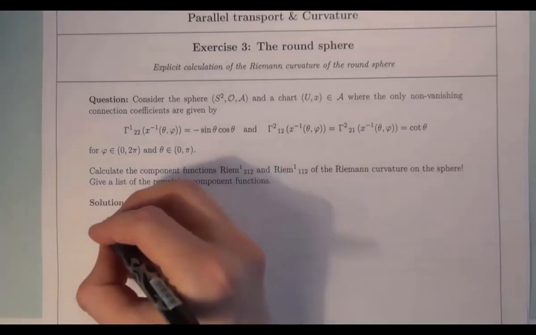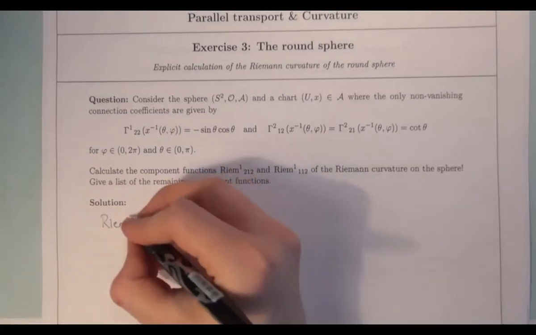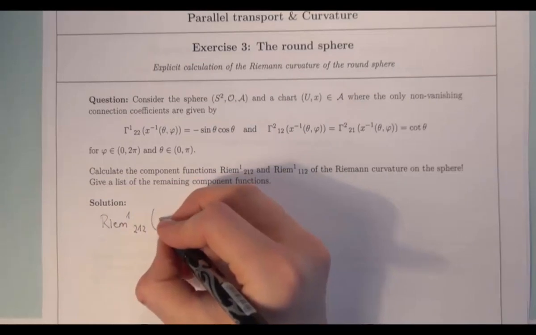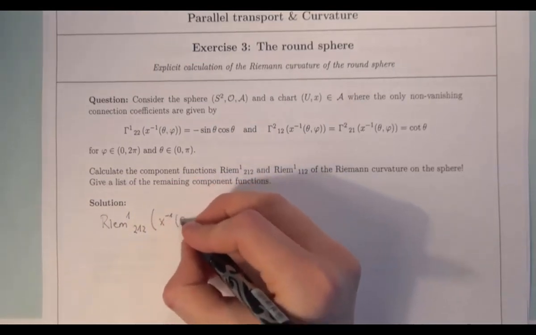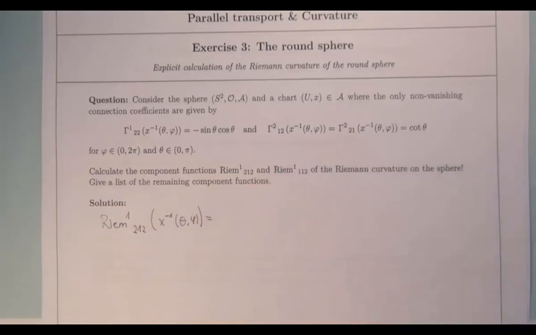So we start with component Riem 1, 2, 1, 2, which lives on x inverse of theta phi, so it lives on the manifold. And we use the formula obtained in exercise 2 for the components of the Riemann curvature.